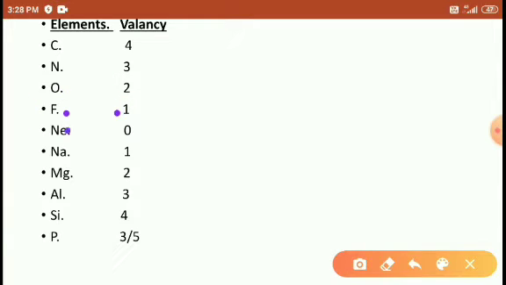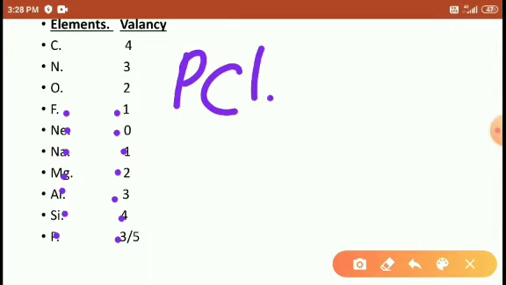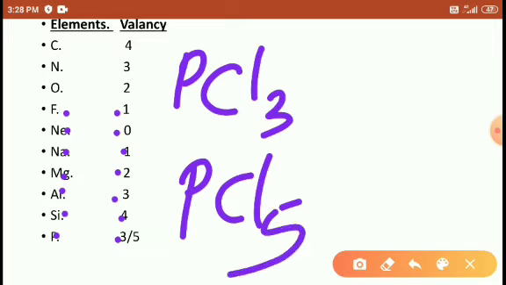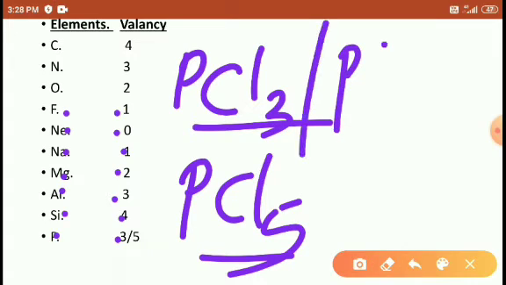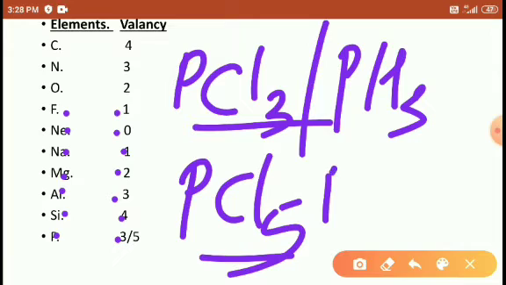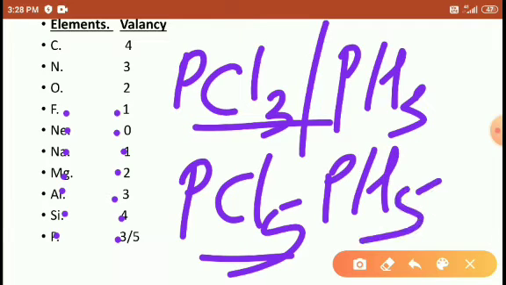Fluorine valency 1, neon valency 0, sodium valency 1, magnesium valency 2, aluminum valency 3, silicon valency 4, phosphorus valency 3 and 5. It means phosphorus sometimes reacts with 3 species, or sometimes with 5 species. Phosphorus sometimes reacts with 3 chlorine or 5 chlorine, or with 3 hydrogen or 5 hydrogen.